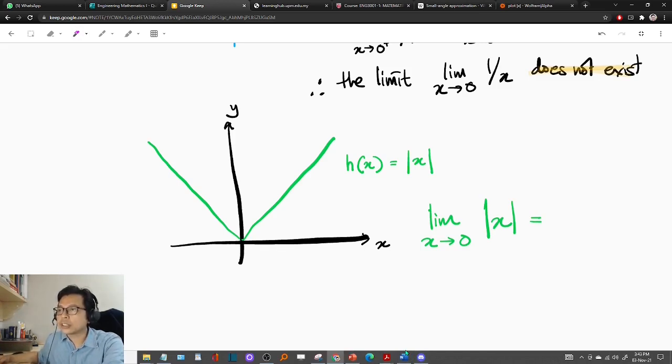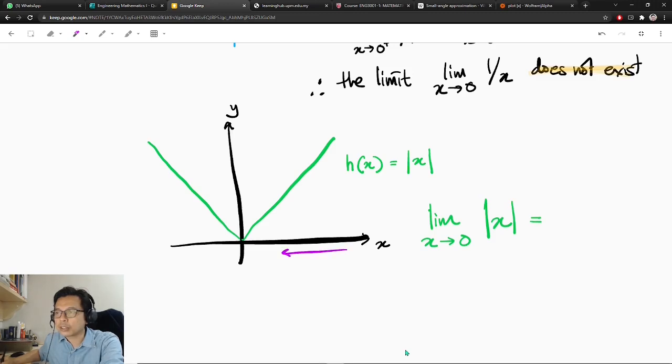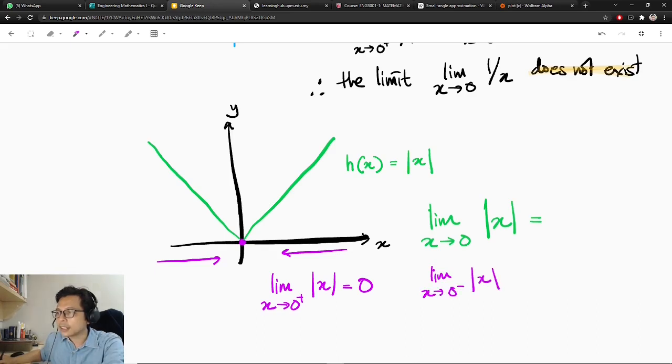Now, why do you say it's 0? Why are you confident? One way is observation. You can see if x is approaching 0, on both sides it's going to reach the 0 here. Also, if x is approaching 0 from the right hand side, this is also 0, and if x is approaching 0 from the left hand side, this is also 0.